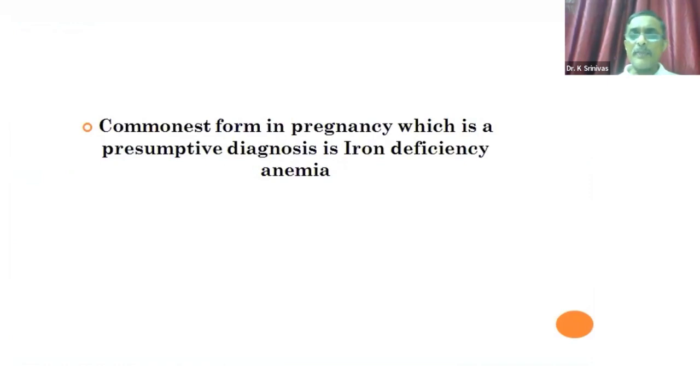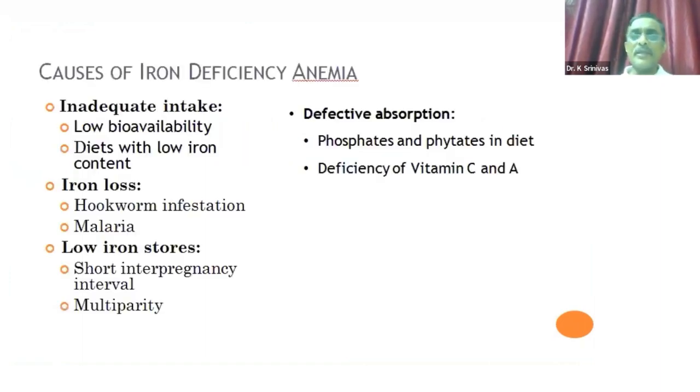The commonest form in pregnancy, which is a presumptive diagnosis, is iron deficiency anemia. I just mentioned it earlier also. So it is a presumptive diagnosis. We always say that whenever a pregnant woman presents with low hemoglobin, the first thing that I consider is iron deficiency anemia.